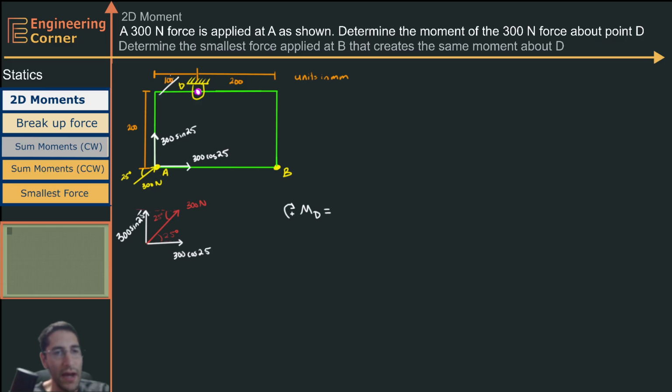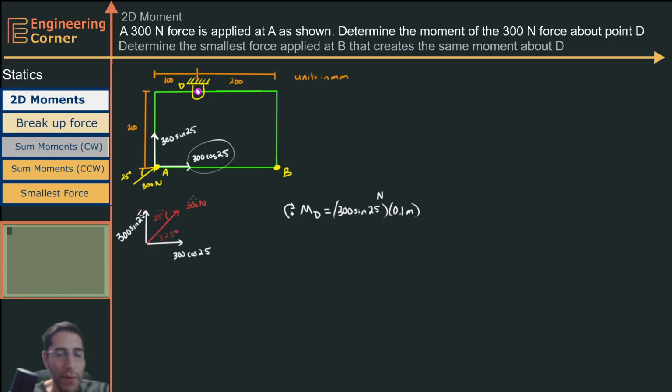When I rotate this entire thing, my vector is going to spin, and the head of my vector is going to lead the way. So that means it needs to be positive. So I'm going to have 300 times the sine of 25. The perpendicular distance is 100 millimeters or 0.1 meters. Of course, this has a unit of newtons.